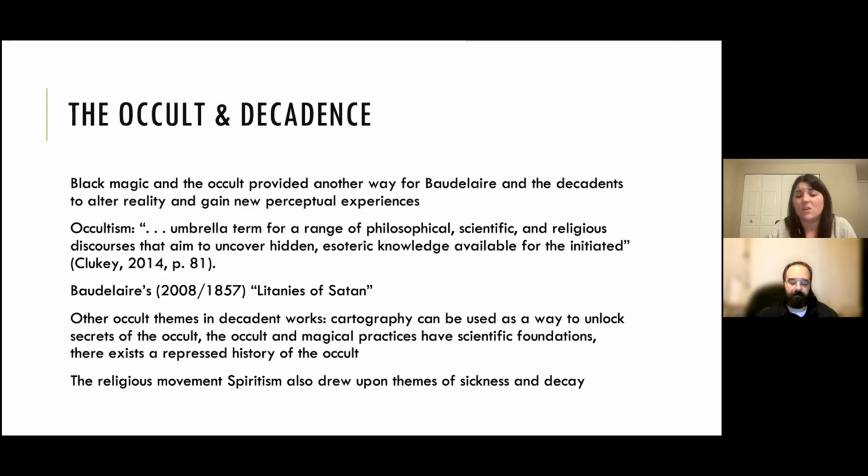This idea that the occult and magical practices have scientific foundations, which I'm actually going to talk a little bit about, the ties between the occult and logical positivism, which I think was one of the surprises that Brent and I came across while doing this work. And then also this idea that there's some kind of repressed history that we're trying to uncover.